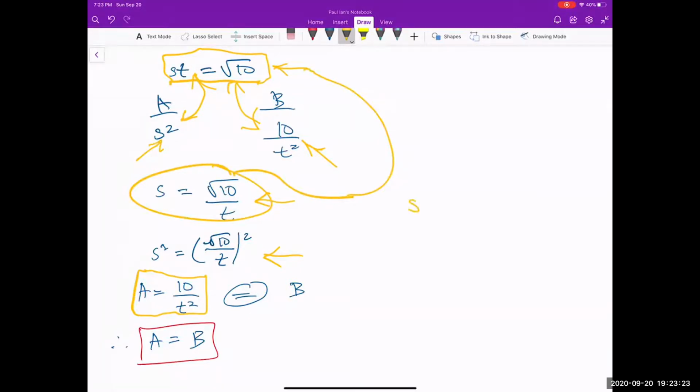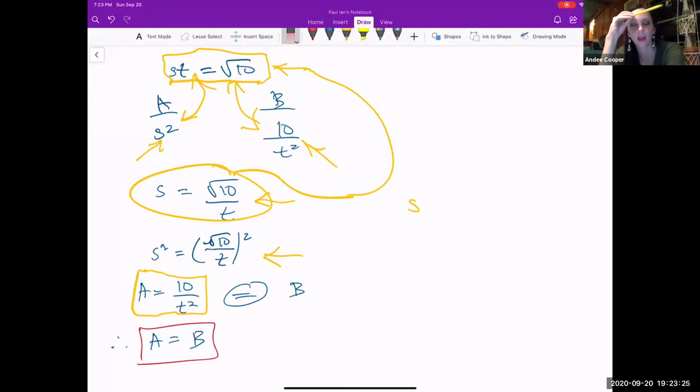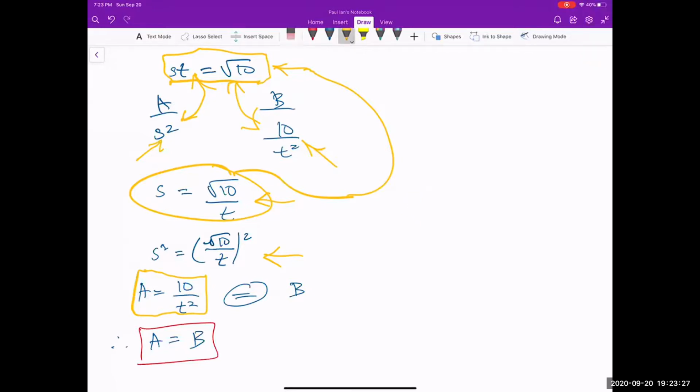The prompt gives us a relationship. What I wanted to do here was take the prompt and try to find S squared. And when I did that, I plugged S into S squared and got 10 over T squared.